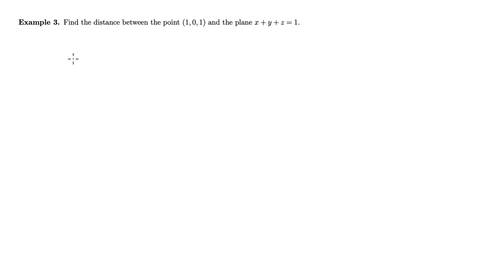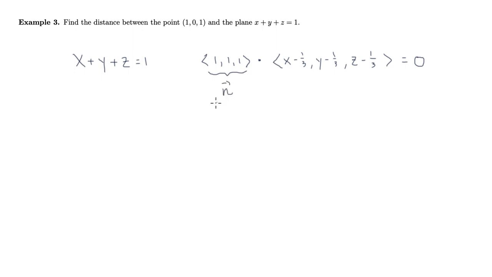Well, notice that we can write x plus y plus z equals 1 as (1, 1, 1) dot (x minus 1/3, y minus 1/3, z minus 1/3) equals 0. So what that tells us is that (1, 1, 1) is normal to the plane.